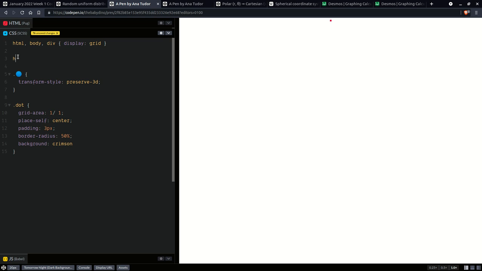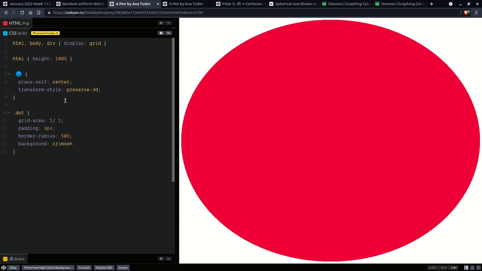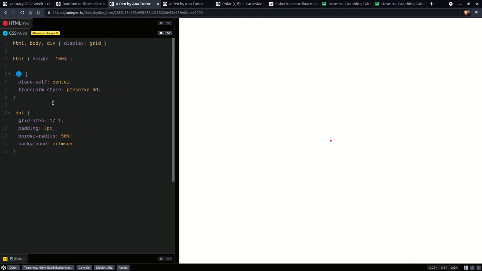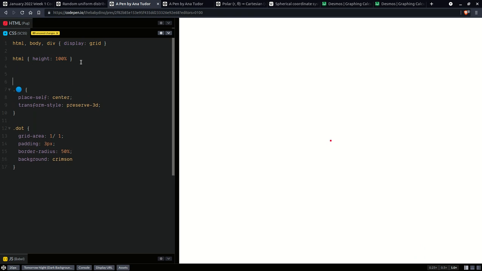Next up, on the HTML, we're going to make this full height, which in turn is also going to make its contents full height. And we can actually move that place center on the sphere right here, right? And we can also set a few things on the body.